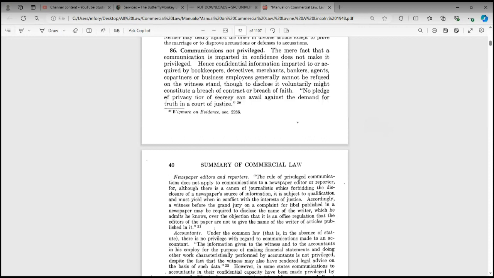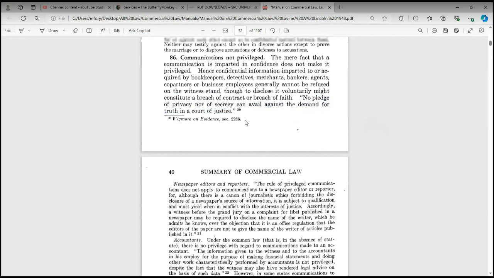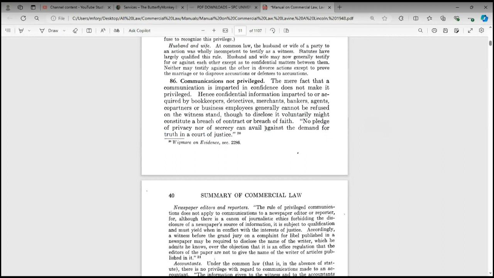No pledge of privacy nor of secrecy can avail against the demand for truth in a court of justice. So, pinky swear, it don't work. I promise not to tell them, right? I would like to read more up on this, though, because there's a catch on why you can't use the fifth on everything.